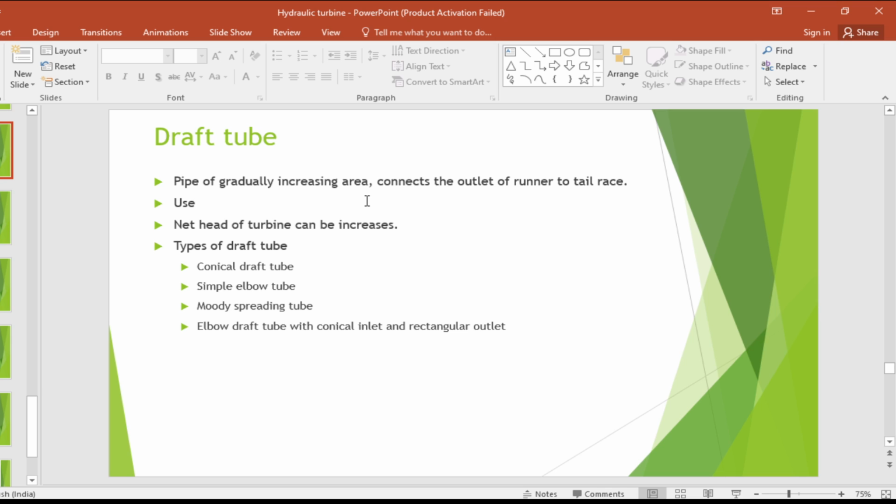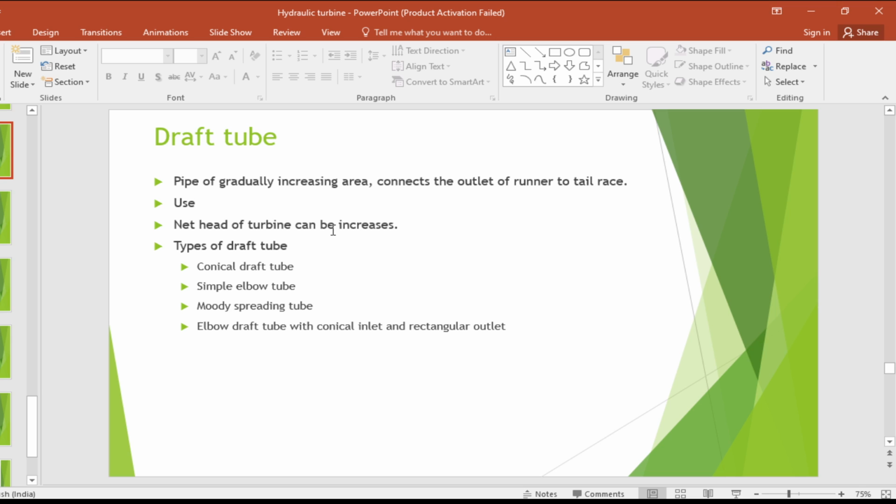So draft tube is used to increase the net head of turbine, and so the turbine may develop more power, and also the turbine will be more efficient. That means the efficiency of that turbine is also increased.